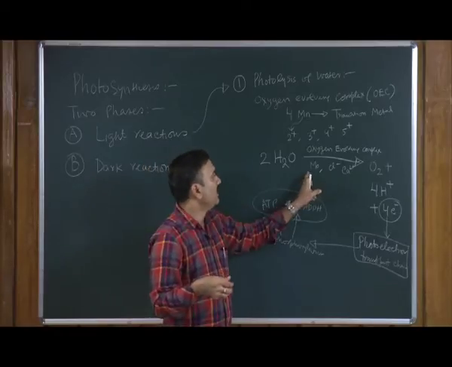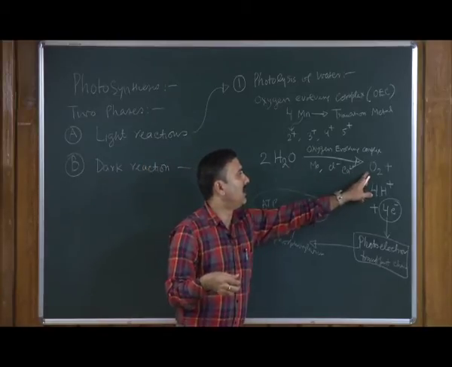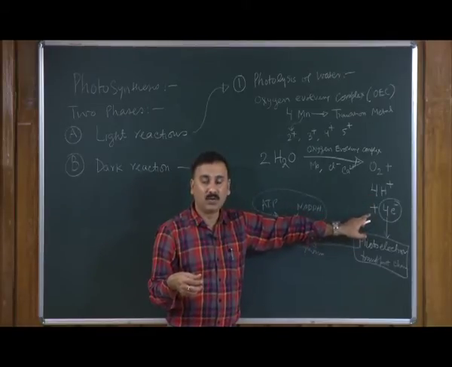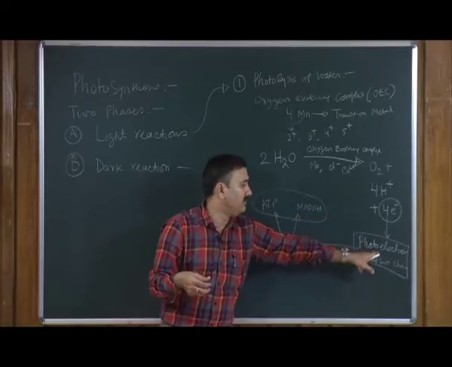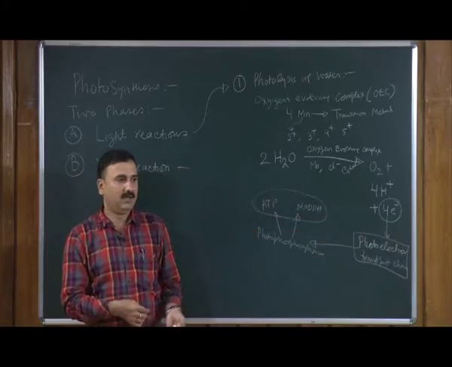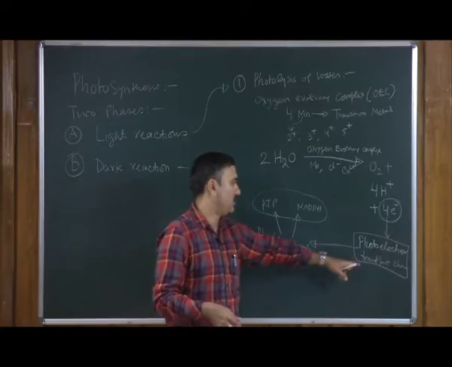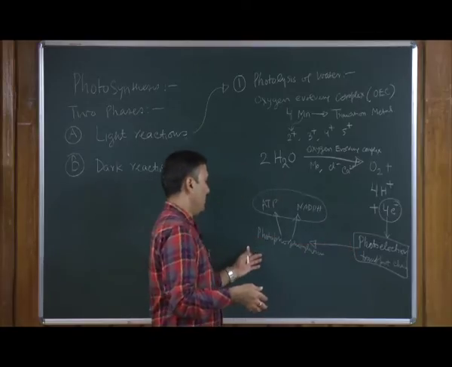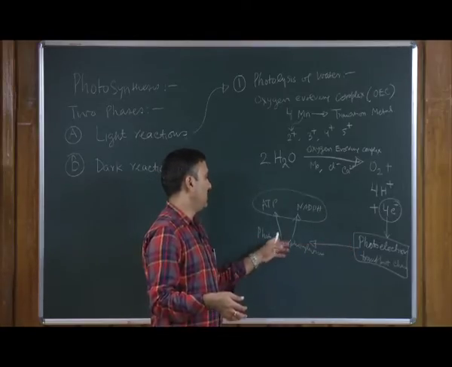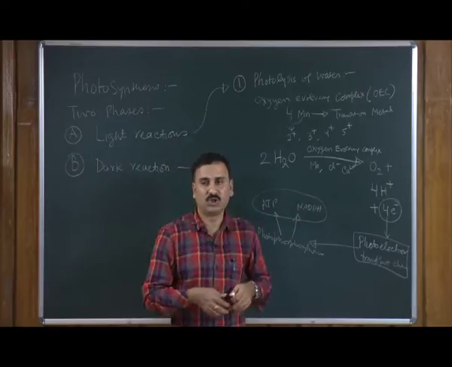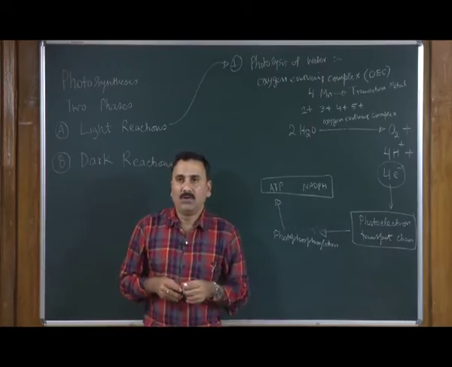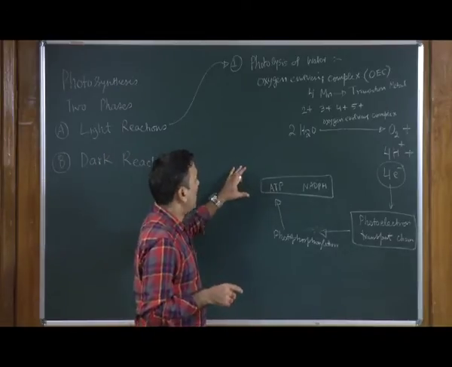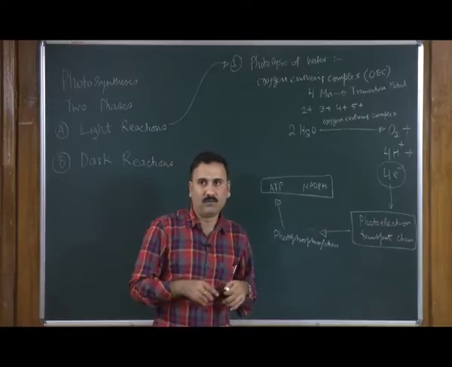As a result, the water molecule gets split into oxygen and proton, and the electrons excluded from the water are received by the light harvesting complexes in the presence of light to catalyze the photoelectron transport chain, and that catalyzes the photophosphorylation, which is responsible for the generation of ATP and NADPH. So, let us see how these two molecules are produced during the event of photophosphorylation.